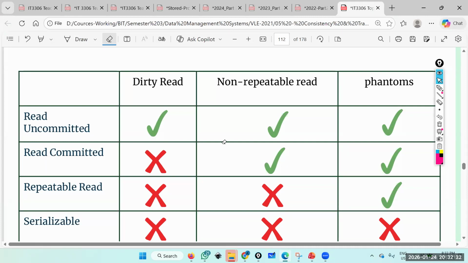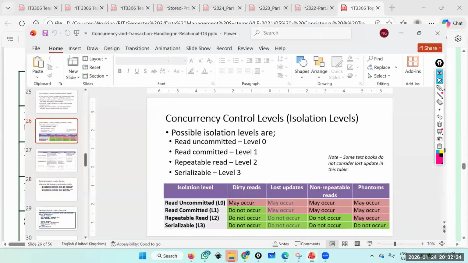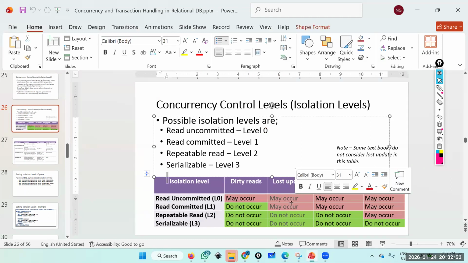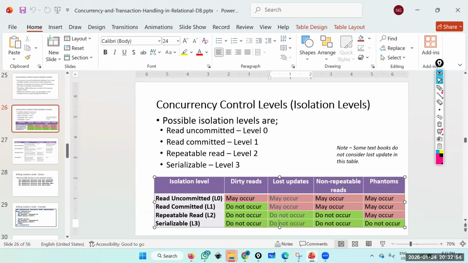In read uncommitted, all these issues can happen, right? In your UCSC note, they have not taken the lost update, WW issue. The table was made without considering that. So therefore, maybe you can refer to the UCSC note. That means you can ignore the lost update issue. Okay.